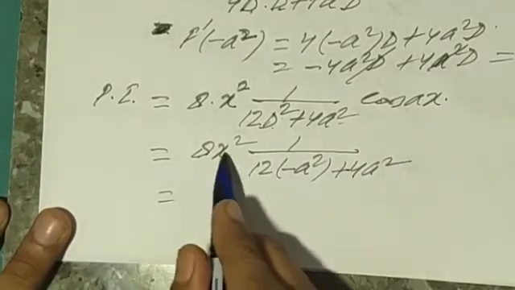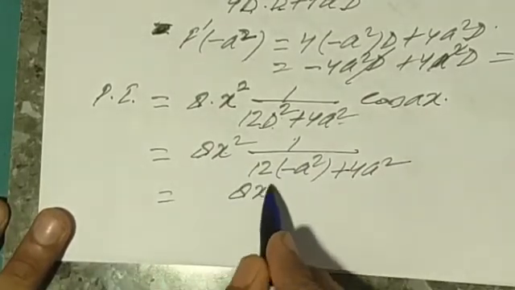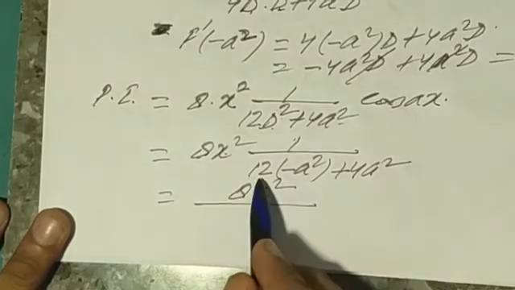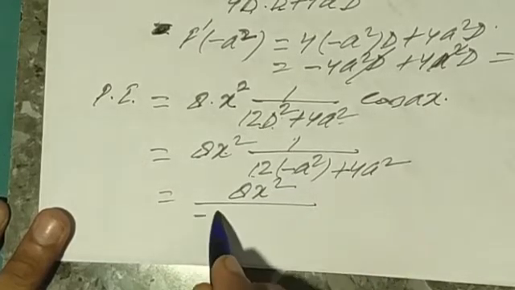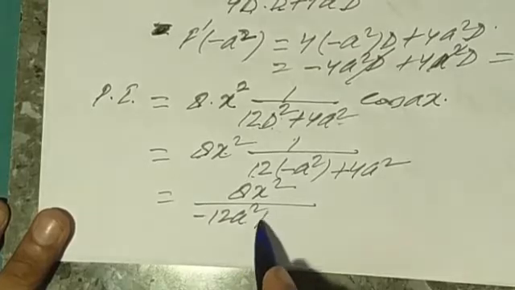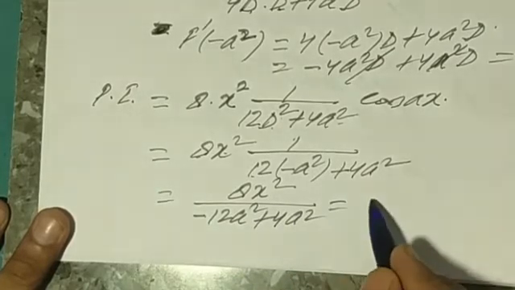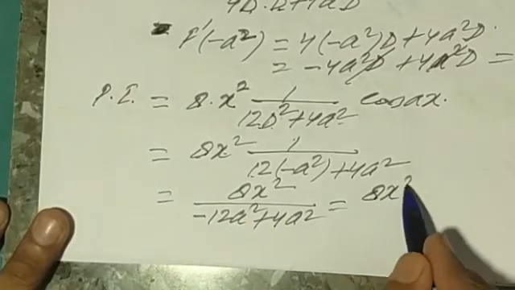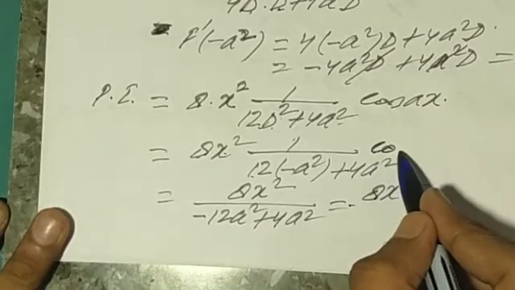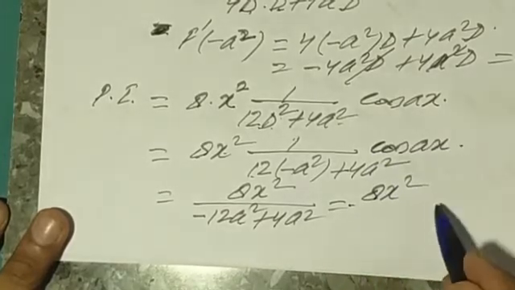So 12 times minus a², replacing D² by minus a², plus 4a². So 8x² into 1, 8x² upon, here we get minus 12a² plus 4a². Sorry, we forgot to write cos ax here.